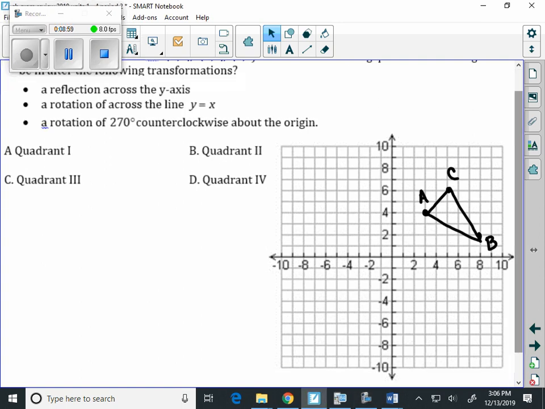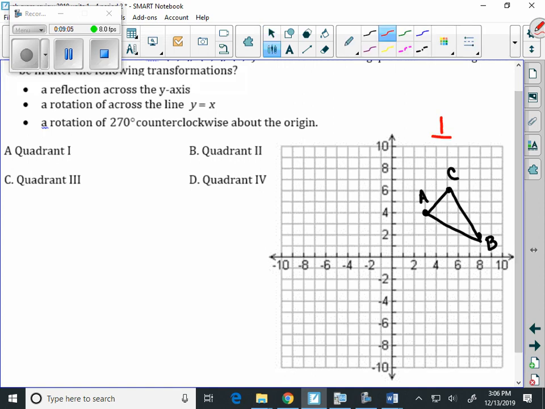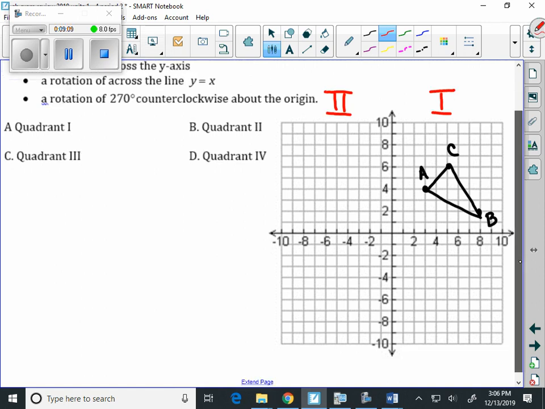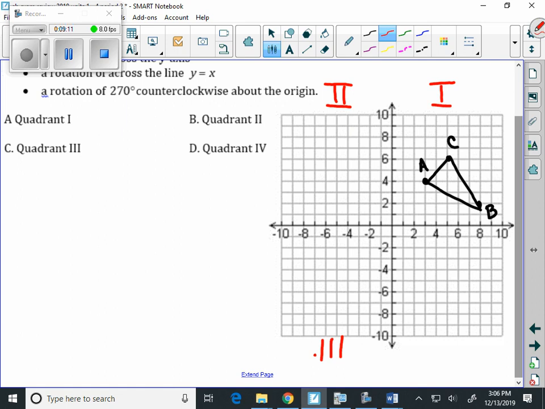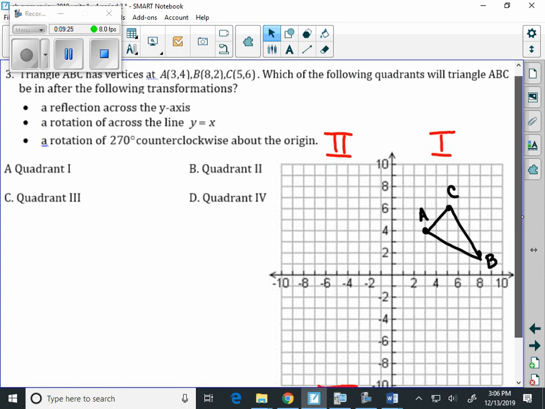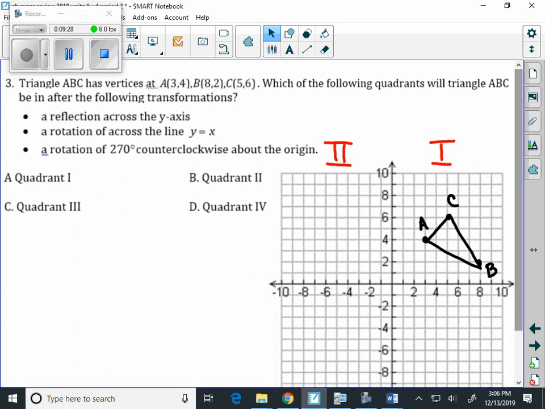Something that was difficult for us when we had an original problem like this on a test is knowing that this is quadrant 1, this is quadrant 2, this is quadrant 3, and this is quadrant 4. If you don't know that, that's going to be important, and this was an OST question as well. So if you're a person who has to take the OST, then you want to know that about the rectangular coordinate plane.